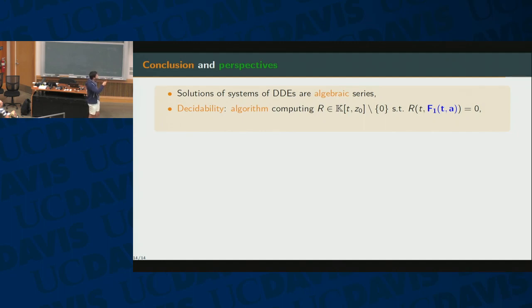And a natural perspective is what about the case of more catalytic variables? In this case, it is still covered by Popescu's result, but in theory only. We don't know any effective proof and any algorithm. So this is a potential perspective.